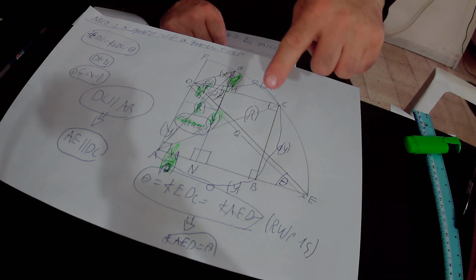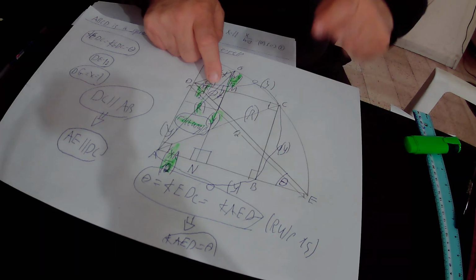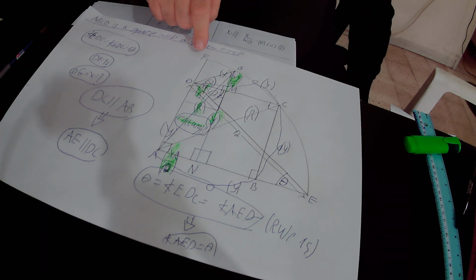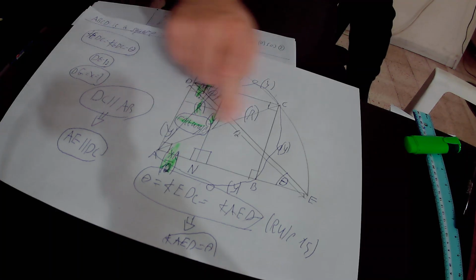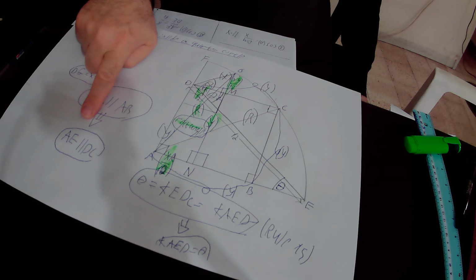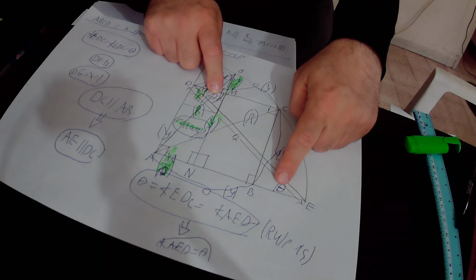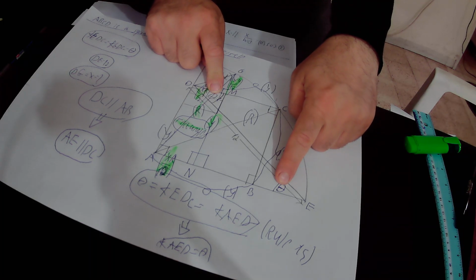Those two angles, EDC and AED, are alternating angles located between the parallel lines DC and AE. We have already found out that DC is parallel to AE, and therefore, according to rule 15, they are equal to each other.